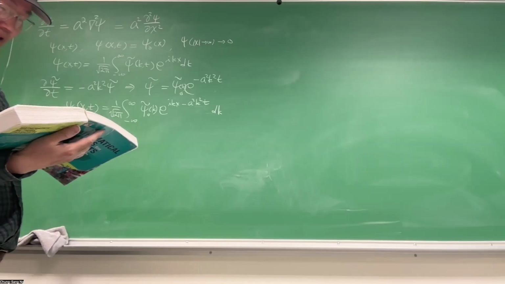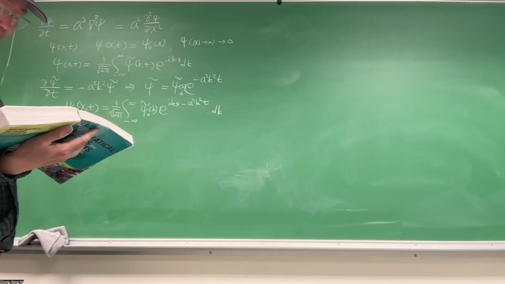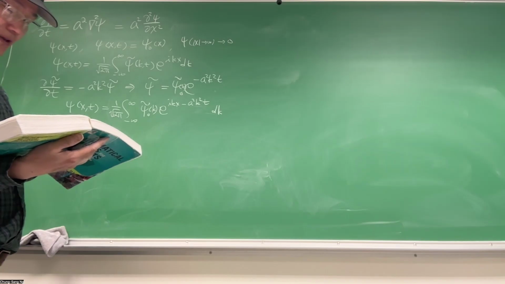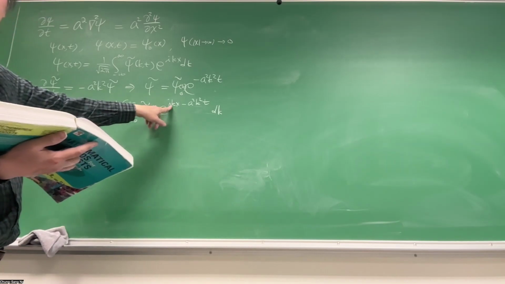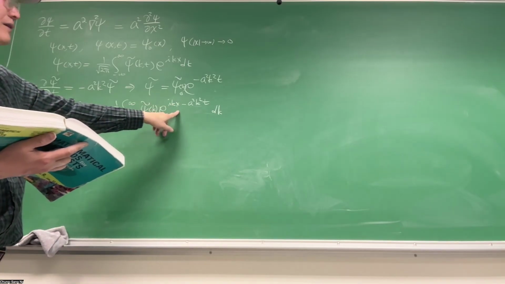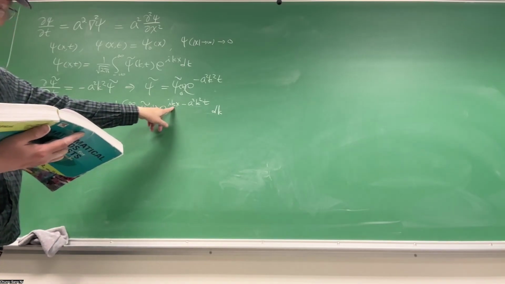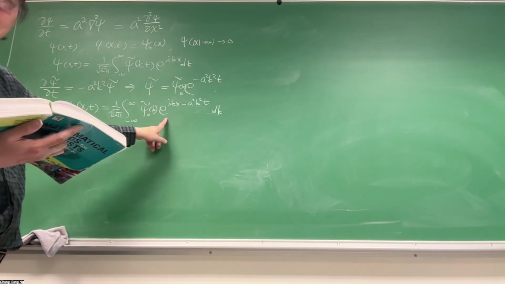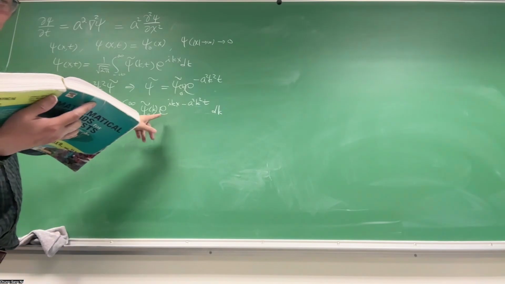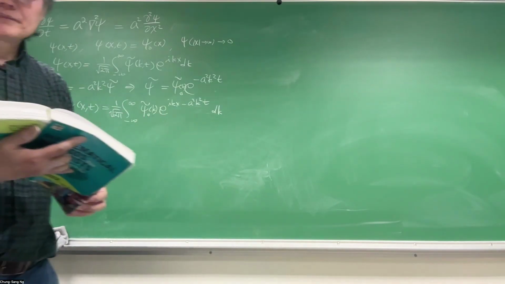But the textbook uses omega, and the other formula is the same. And then it used cosine omega x and sine omega x, but we're using k, e to the i k x. Instead of omega, I use k, and instead of cosine and sine, I use the exponential function. Other than that, it's exactly the same as 9.102.